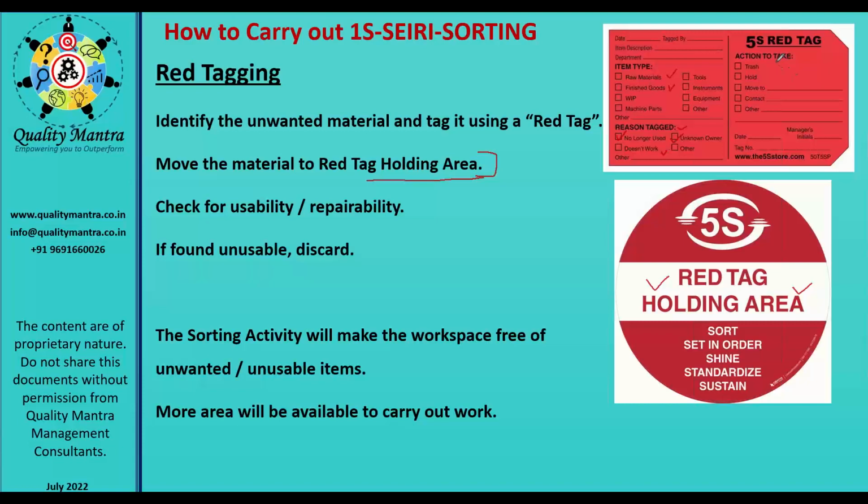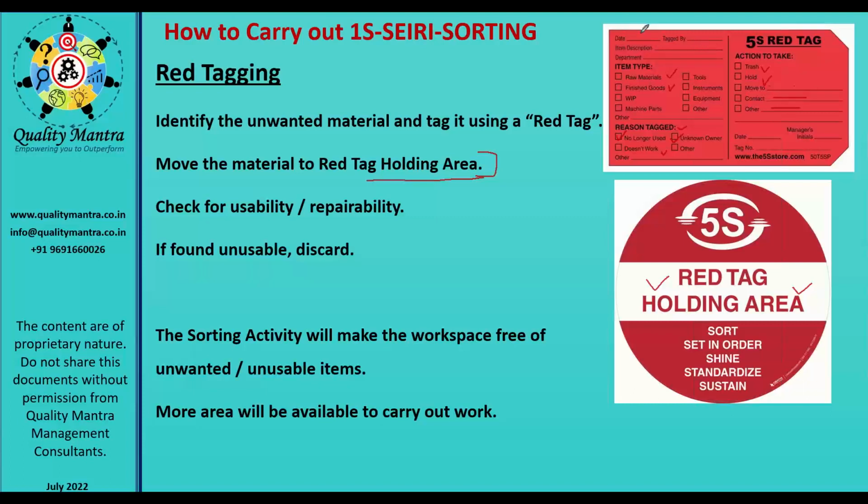And what are the actions to be taken? Those actions are taken by the committee or a manager: whether it is to be trashed, whether it is to be held, whether it is to move to a particular section, whether you have to contact somebody, or any other specific reasons.